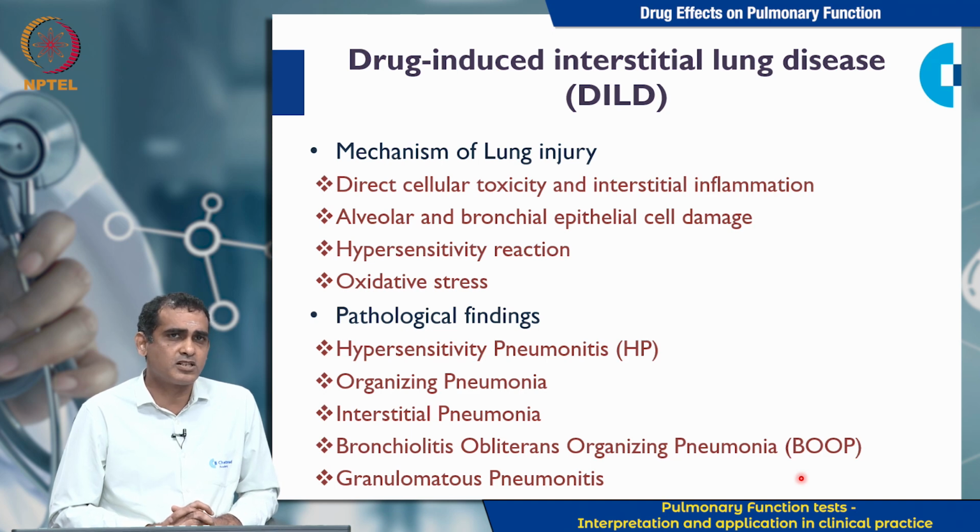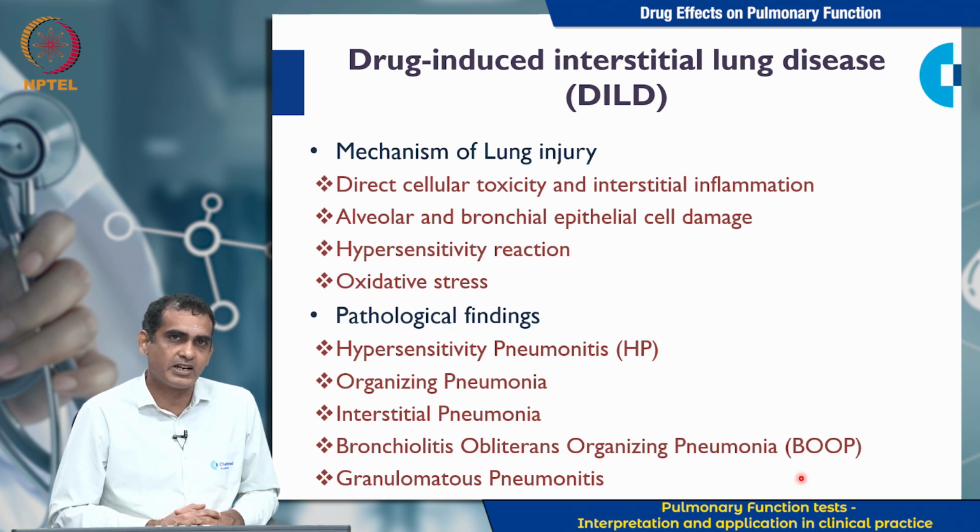There are multiple mechanisms involved in this lung injury. The drugs can give direct cellular toxicity, interstitial inflammation, the alveolar epithelial cells can get affected, bronchial epithelial cells, mucosal cells can get affected.